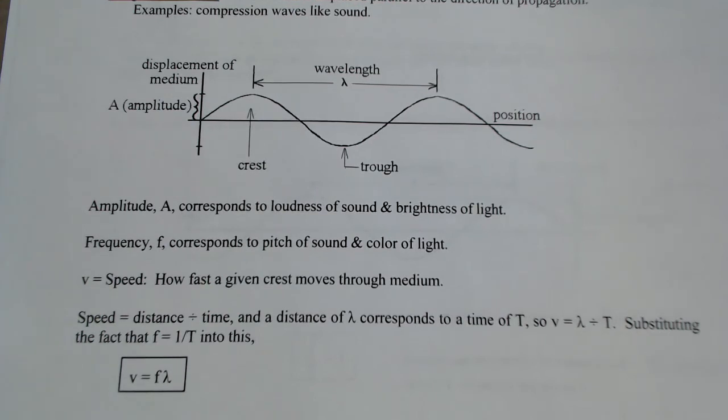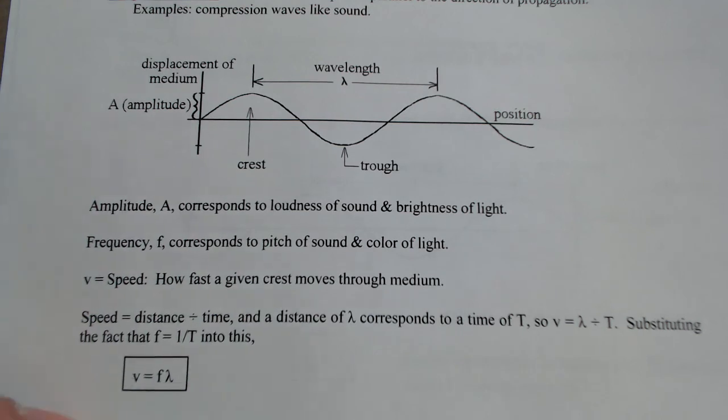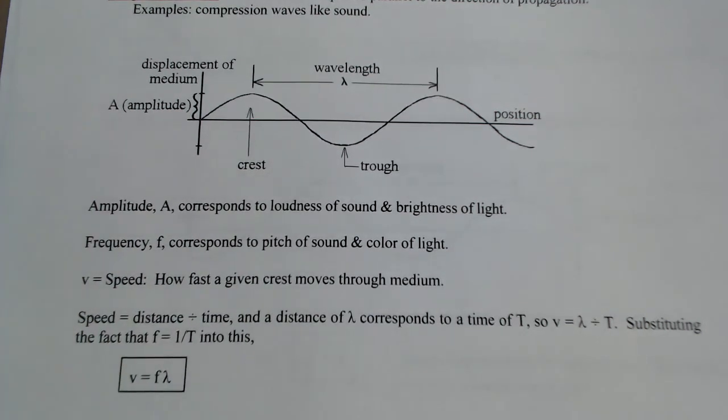But people quite often want to talk about the frequency rather than the period. Since F is equal to 1 over T, dividing by the period is the same thing as multiplying by the frequency. Substituting that in, you get the version in the box there, V equals F times lambda.